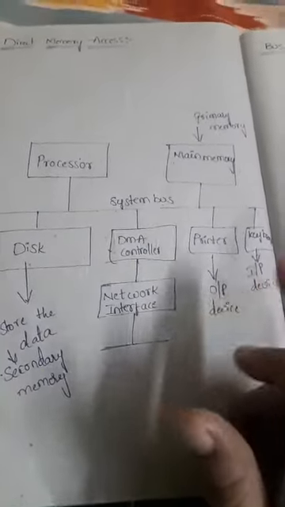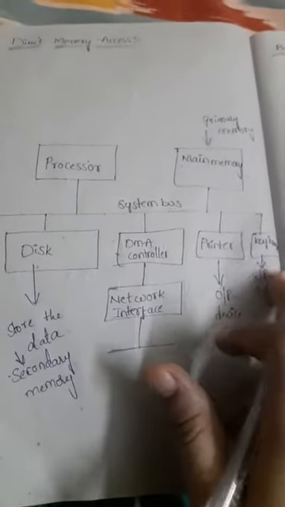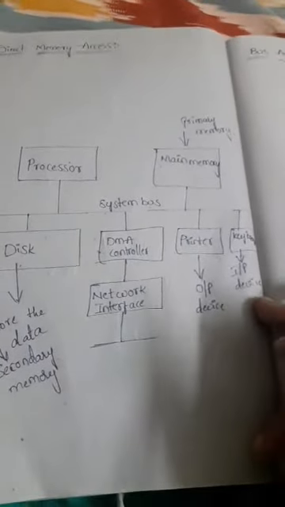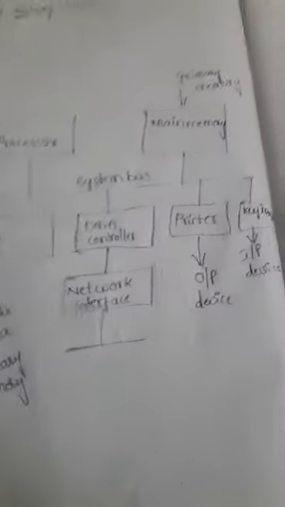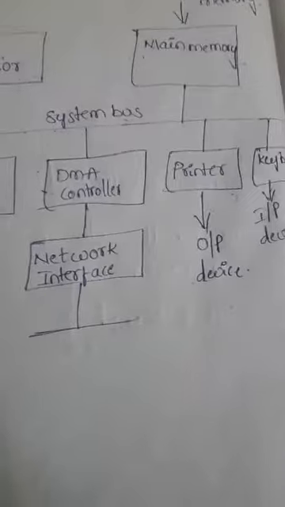That means we type some matter on the keyboard, which is our input device. So we are using the input device first. After typing some matter on the keyboard, what happens?